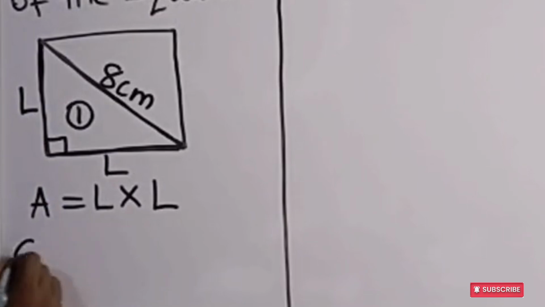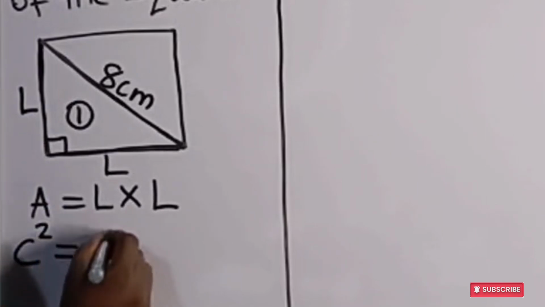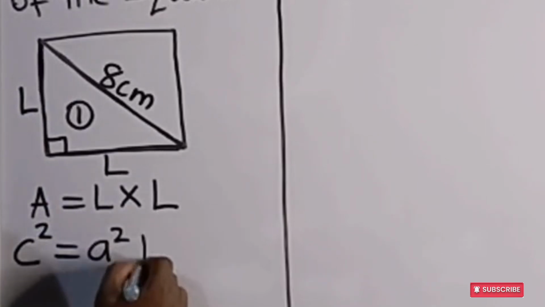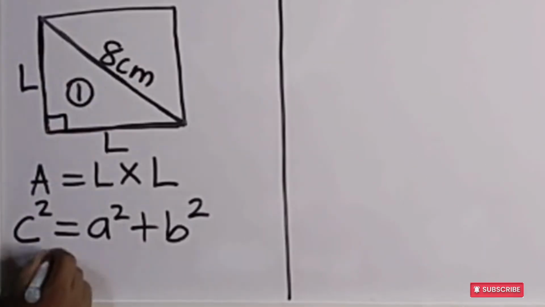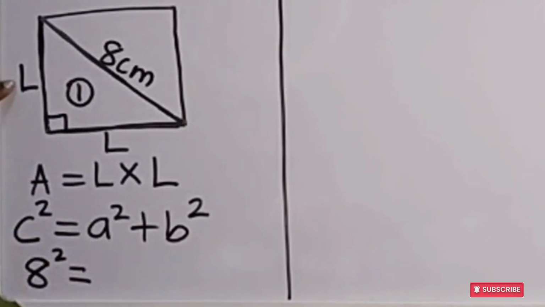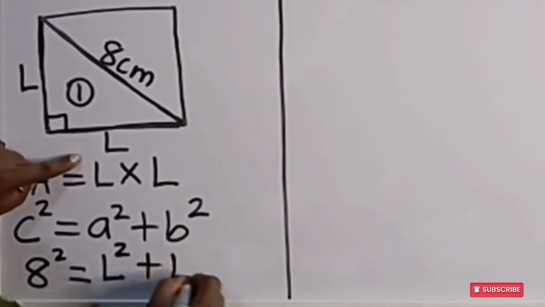So we can say that C squared is equal to A squared plus B squared. And our C is equal to 8 because it's the side opposite the 90 degrees. So 8 squared is equal to, our A is L, so L squared. Our B is L, so L squared.